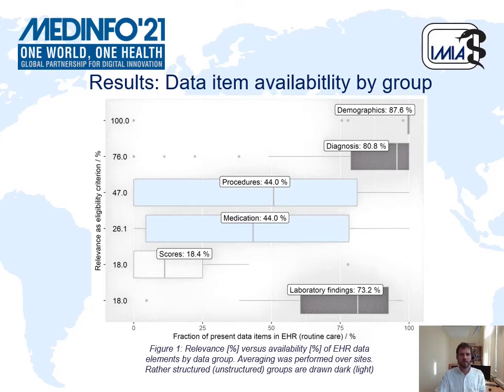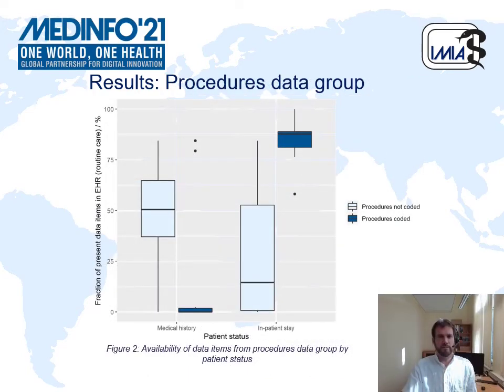For clarity, I would like to focus on the coded versus non-coded data elements. In addition, I want to break down the availability by different patient status. These are medical history and inpatient stay with procedures, and extended by admission and discharge within the medication data group. In the diagram, it is shown for the procedures data group.